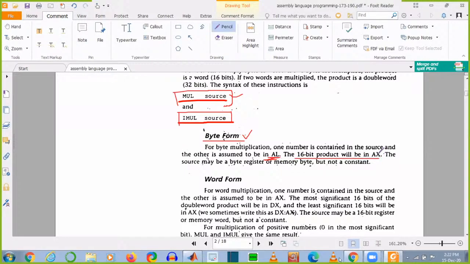So in multiplication we have three parameters: the multiplier, the multiplicand, and the product. The source may be a byte register or memory byte, but not a constant.